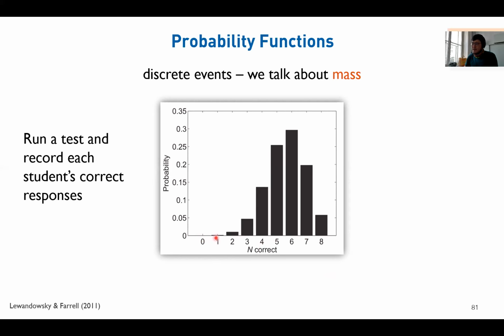And then there's one person who only answered 1 question correctly out of 8, and then more people answered 2 questions correctly out of 8, and then here 3 questions out of 8, and the majority of the 20 people in this classroom answered 6 out of 8 questions correctly.